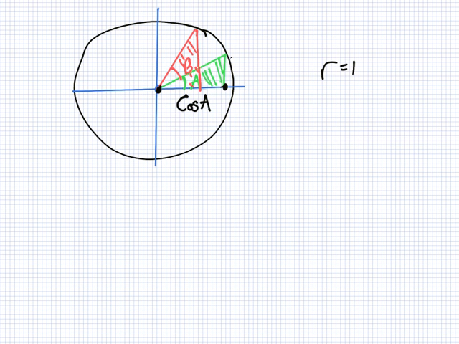And how big is this side? Sine A. And for this triangle, the red one, you have cos B. And this side? Sine B.